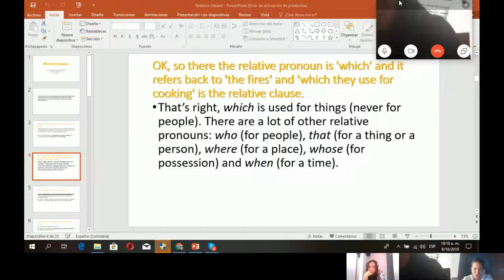That's right. Which is used for things, never for people. There are a lot of relative pronouns: who for people, that for a thing or a person, where for a place, whose for possession, and when for a time.